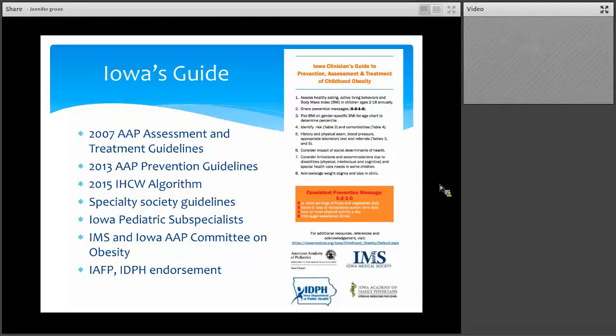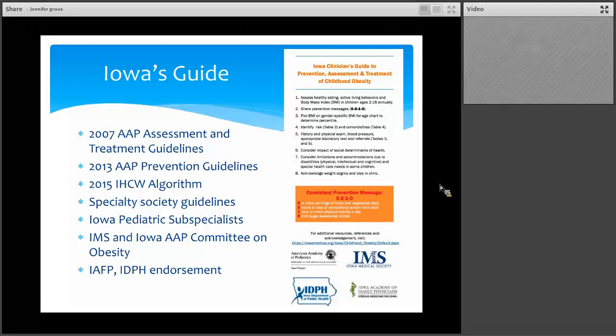And we brought together Iowa pediatric subspecialists in all of the areas who are receiving obesity-related comorbidity referrals, and had them weigh in on all of the referral guidelines, as well as the information from all the specialty society guidelines.